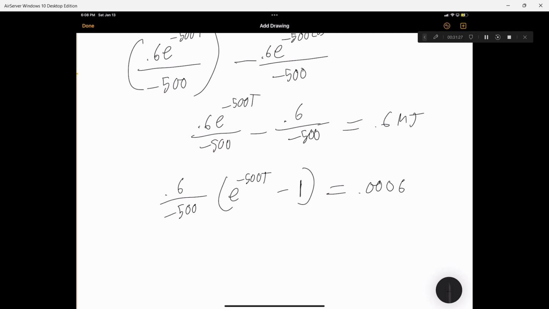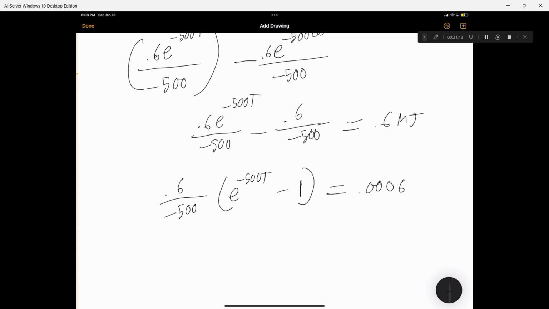Okay. So we'll divide that to the other side. Keep change flip, negative 500. Negative 500 divided by 0.6 times 0.0006.